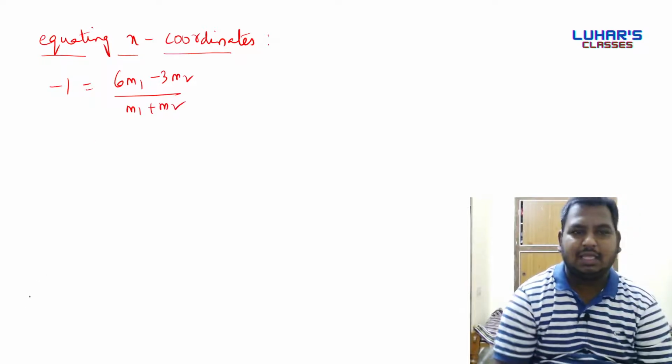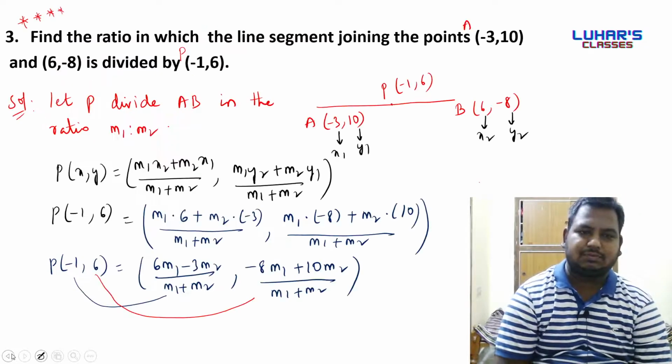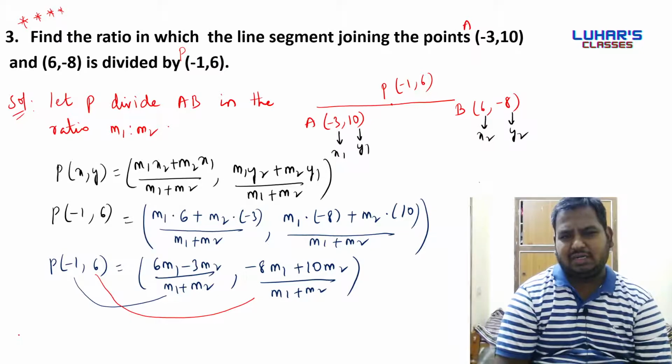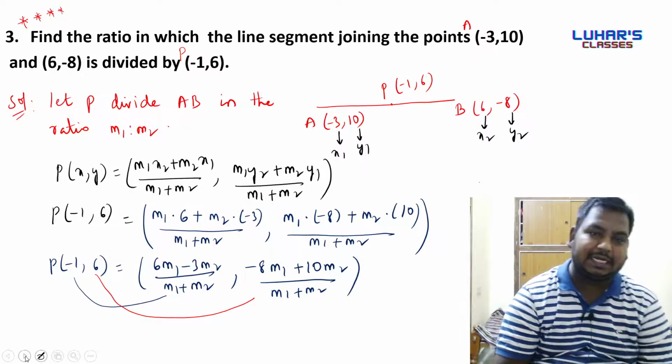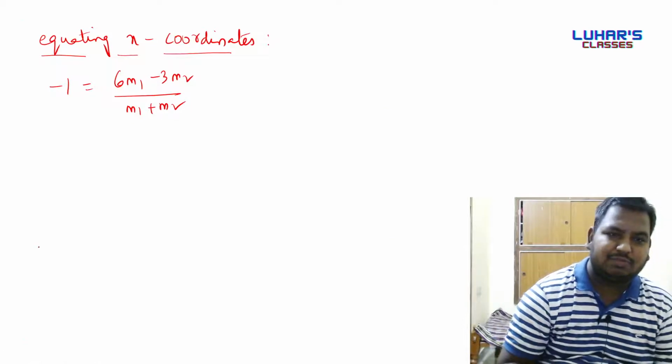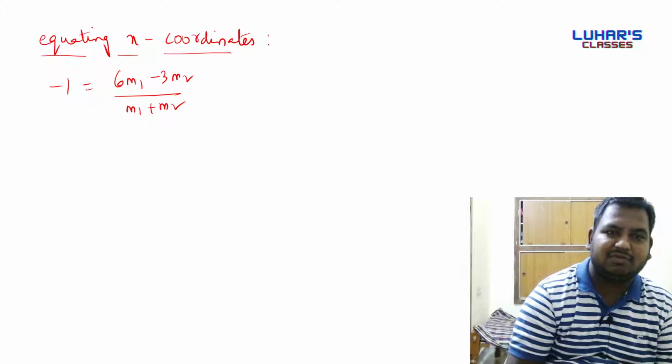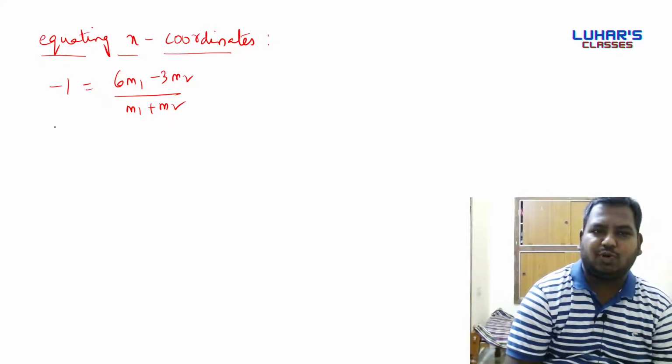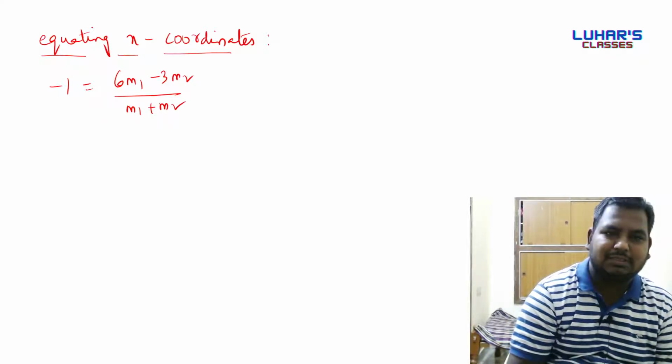That's it. If we equate y coordinates, then also you're going to get the same answer. So it's time to simplify. Let us simplify. What are we going to get here? We are going to get here minus, just one second.